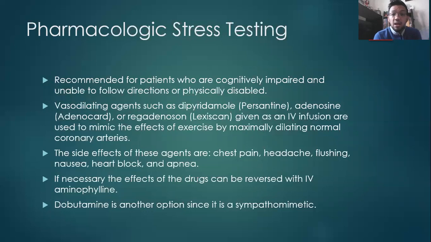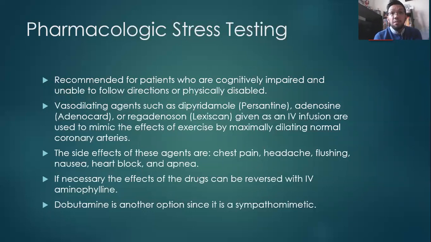If necessary, the effects of the drugs can be reversed with IV aminophylline. So if the patient has any of these things, such as apnea, heart block, it can be reversed with IV aminophylline. Dobutamine is another option since this is a sympathomimetic.